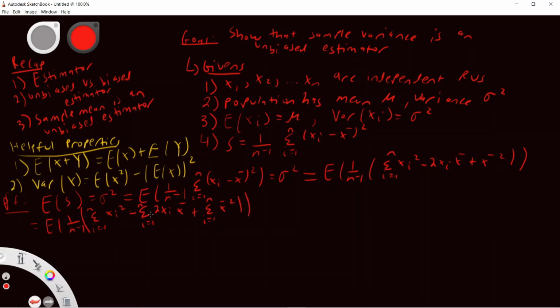Okay, so now we have this summation broken up into individual terms. We're going to proceed through each of these terms independently.